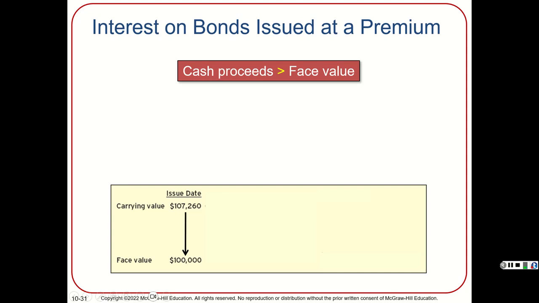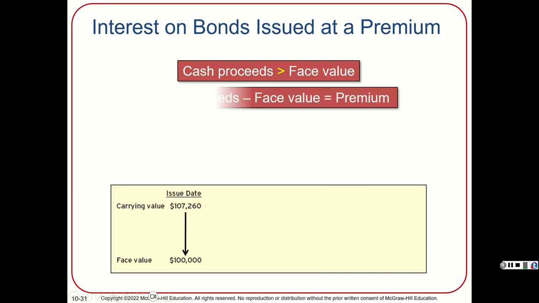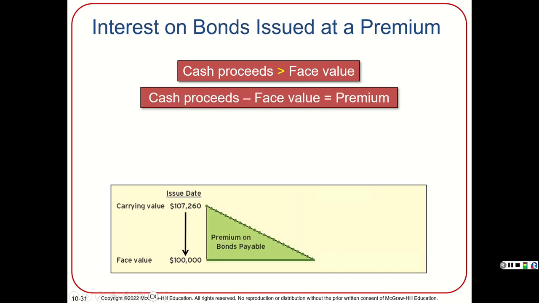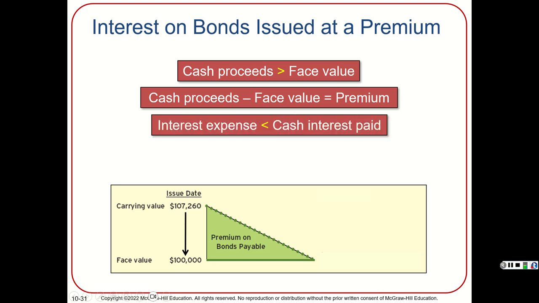Interest on bonds issued at a premium. So the carrying value is $107,000. That's how much cash we received. The face value is $100,000. The cash proceeds less the face value is the premium. The $7,260 is the premium on the bond.